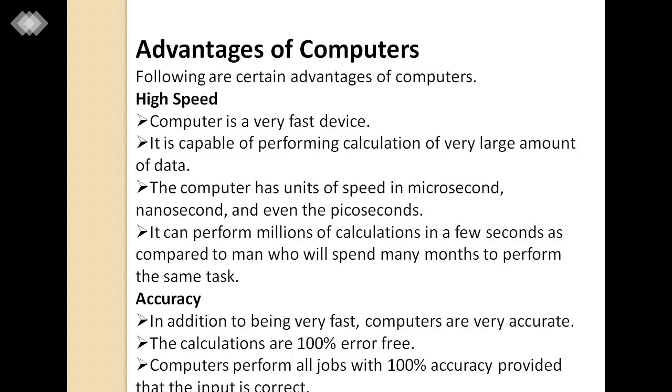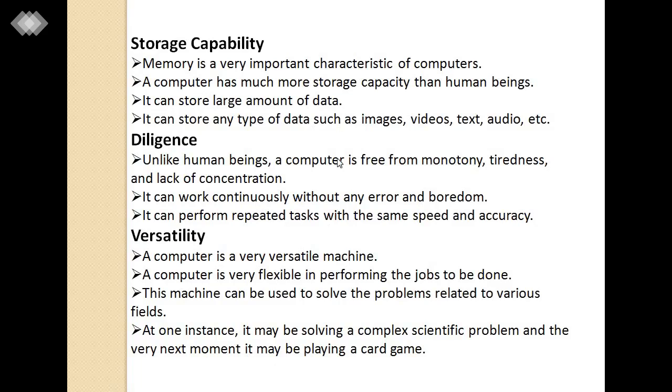In addition to being very fast, computer is very accurate. They calculate 100% error free and perform all jobs with 100% accuracy, provided that the input is correct. Next is the storage capability.